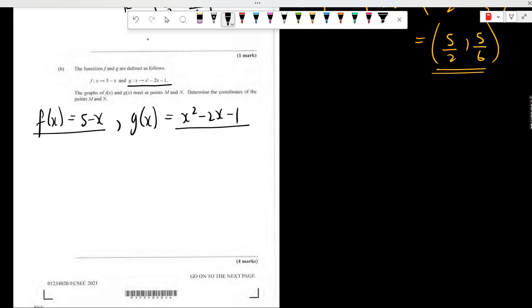Remember that straight line equations can't have any higher power than one of the particular variable. So if it's a function of x, it cannot have x squared or x cubed. That would be a curve. So one of these is a straight line, the other is a curve. And how do we normally solve simultaneous equations between a line and a curve? There's only one method we can use. What is the method?